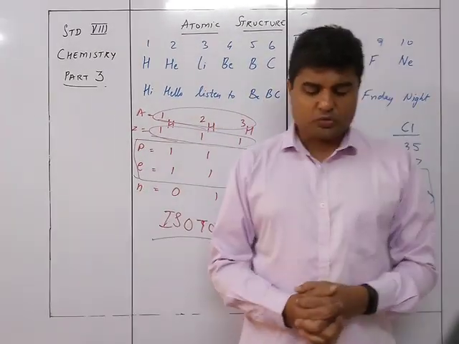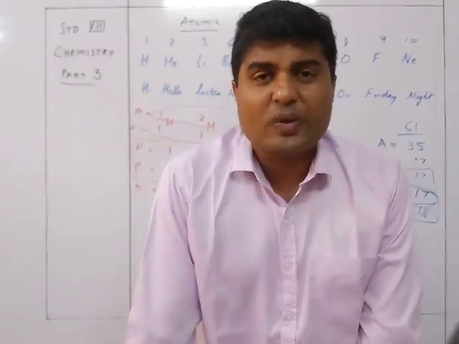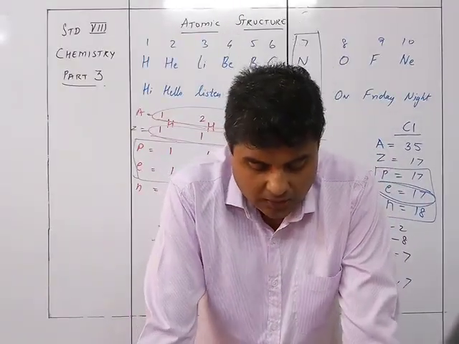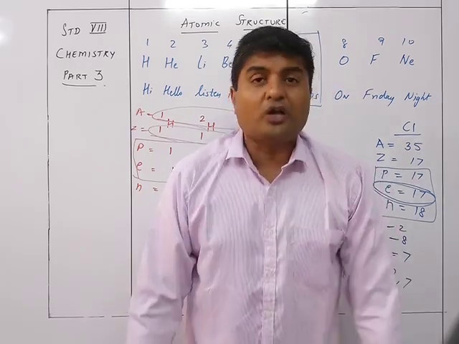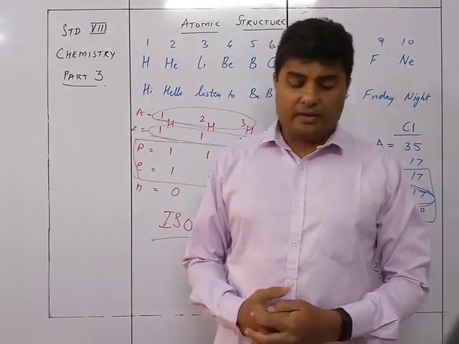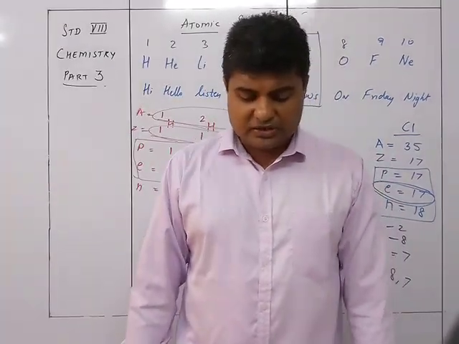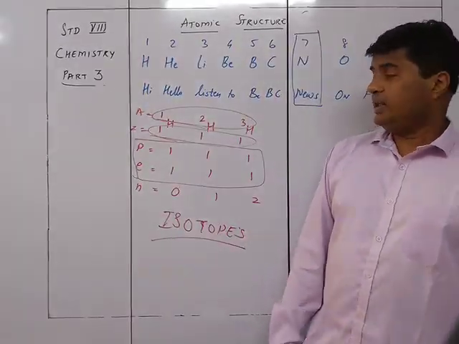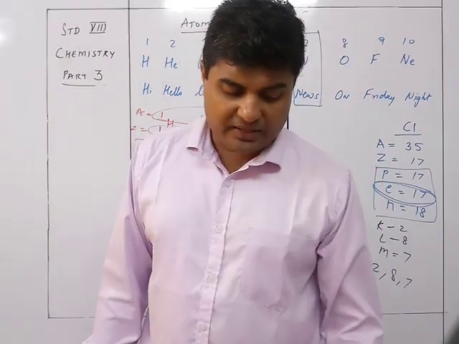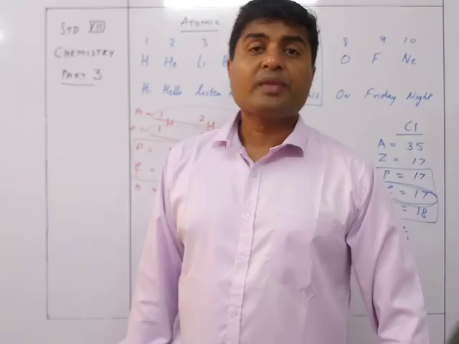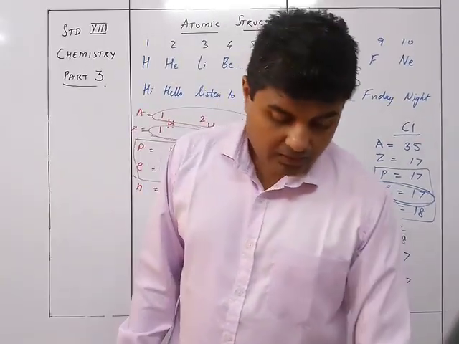The atomic number is 1 and the mass is 1: protons 1, electrons 1, neutrons 0. Second one, atomic number 1 and mass is 2: protons 1, electrons 1 and neutrons 1. Then atomic number 1 and mass 3, where protons is 1, electrons is 1 and neutrons is 2. So this is how you have the different kinds of atoms of isotopes.